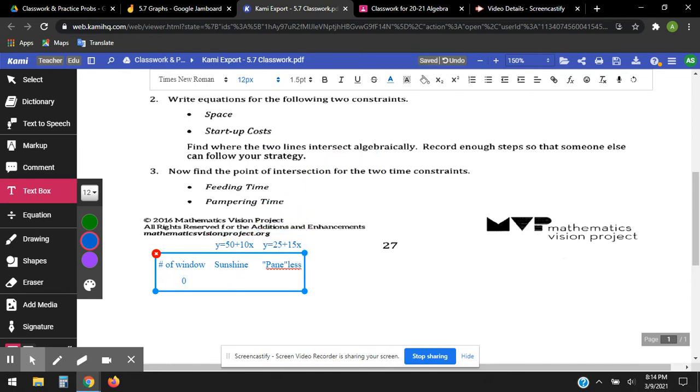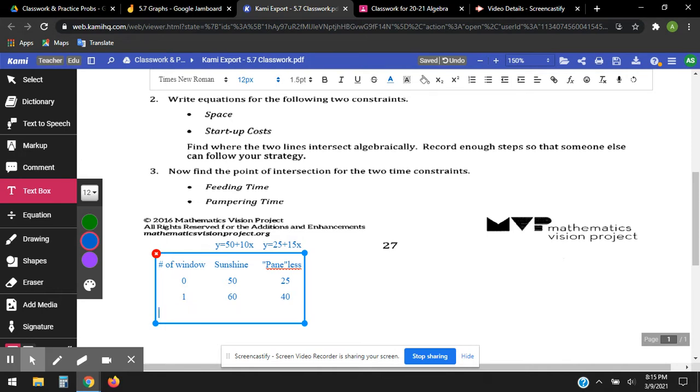If I have no windows, no matter what, it's 50 just to show up. Painless is 25. But if I have one window, Sunshine is going to be $60, 50 for showing up plus 10 for the window. Painless is going to be 25 plus 15, which is 40.